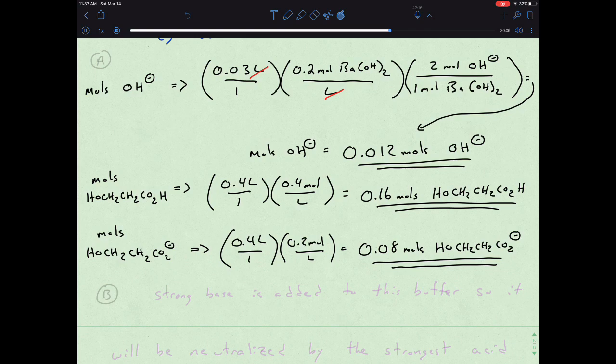So there are our mole values. This allows us now to set up the neutralization reaction. So this was really part A of that recognition that, okay, I need to figure out moles. And then part B, now I'm looking at the neutralization reaction.